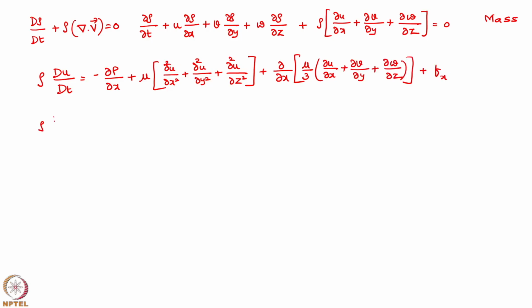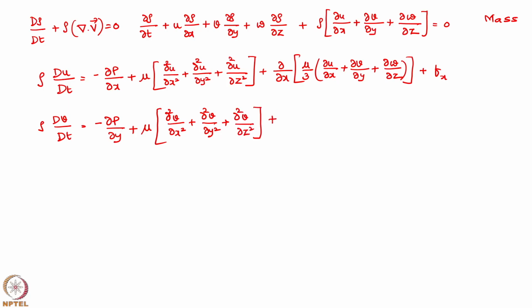Similarly, the y momentum equation is rho dv by dt equal to minus dou p by dou y plus mu into dou squared v by dou x squared plus dou squared v by dou y squared plus dou squared v by dou z squared plus dou by dou y of mu by 3 into dou u by dou x plus dou v by dou y plus dou w by dou z, plus fy.